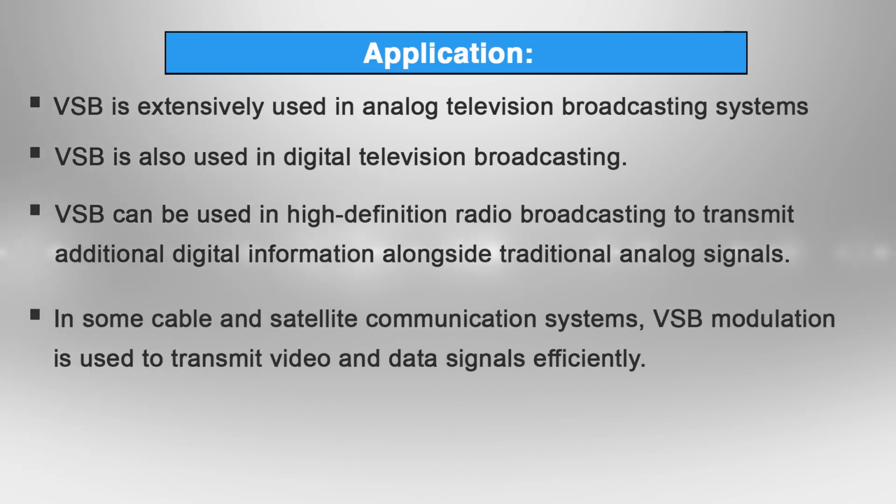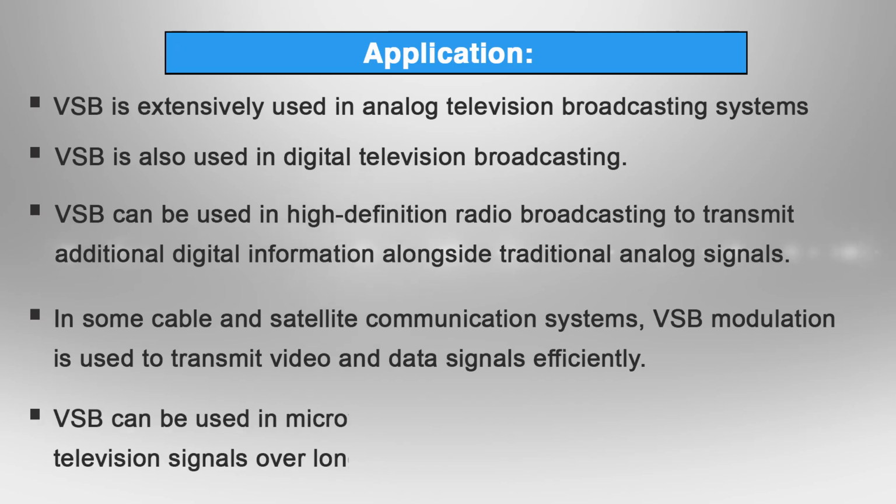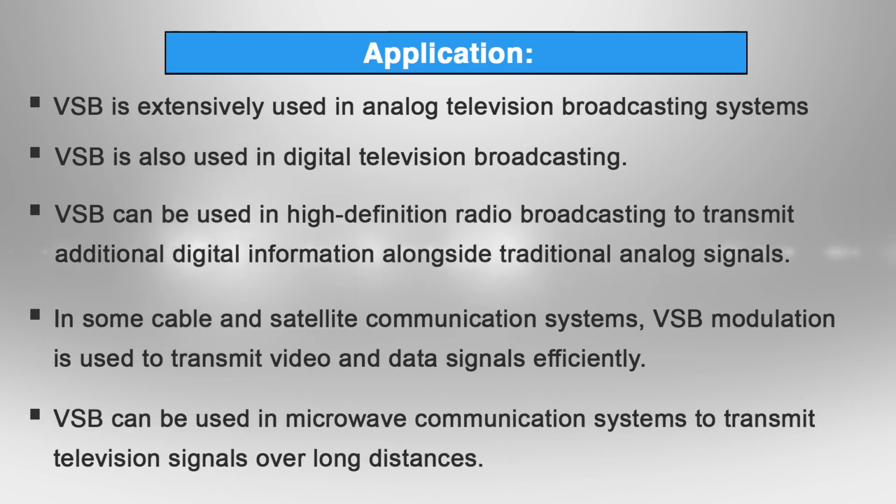Next, in some cable and satellite communication systems, vestigial sideband modulation is used to transmit video and data signals efficiently. VSB can also be used in microwave communication systems to transmit television signals over long distances. These are the applications of VSB modulation.